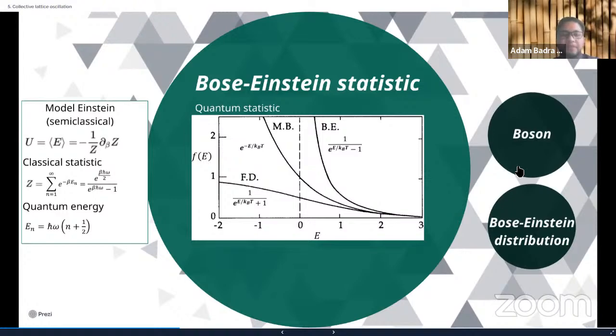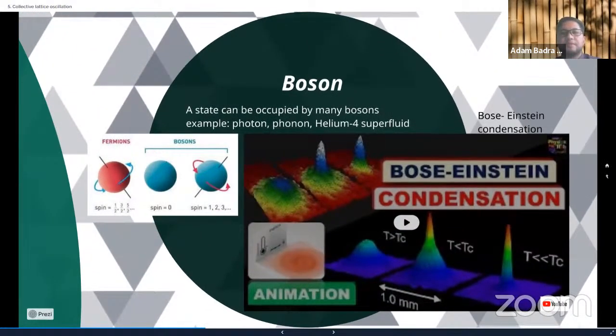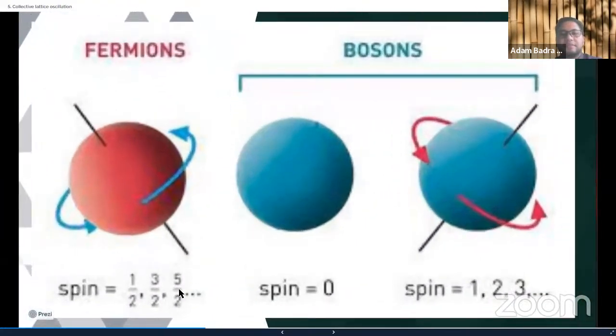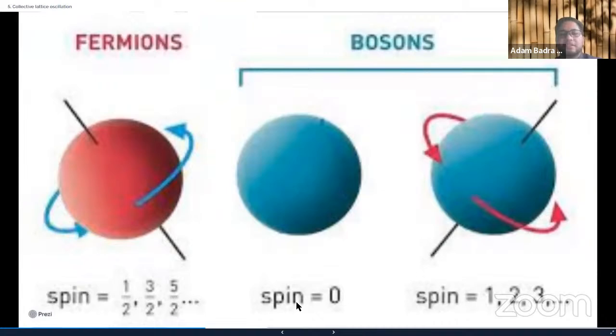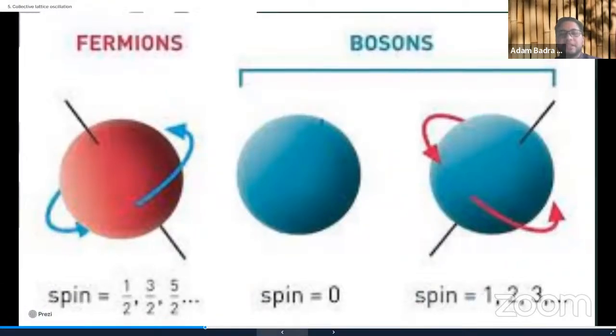So now we should remember what the Bose-Einstein is. The Bose-Einstein statistic describes the movement of bosons. So what is a boson? Fermion is spin half, three halves, five halves, something like that. And boson describes the movement of integer-spin particles, like zero, one, and something like that.